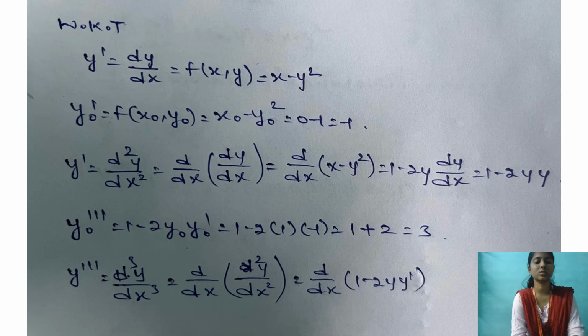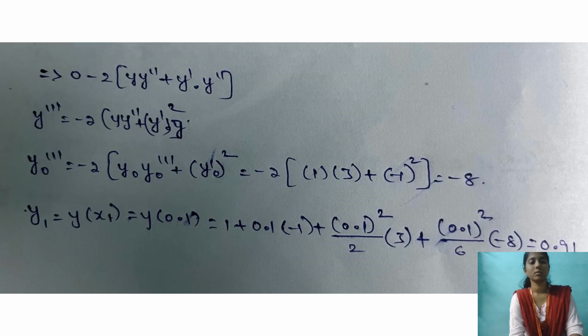Y triple dash equals d cube y by dx cube equals d by dx of d square y by dx square equals d by dx of 1 minus 2 y y dash, which is 0 minus 2 of y y double dash plus y dash times y dash.